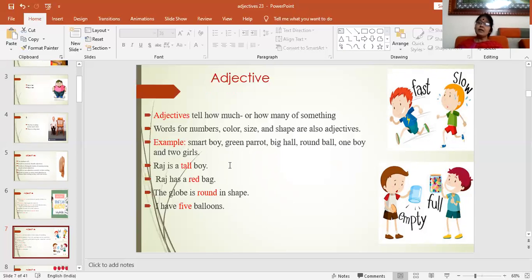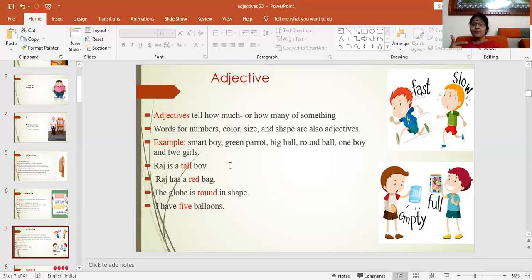For example, how we use it in a sentence: Raj is a tall boy. Raj is a boy is a sentence, but I'm telling what is his height. He's a tall boy, right? Raj has a bag. Yes, but I'm talking more about the bag, a red bag, right? The globe is in which shape?